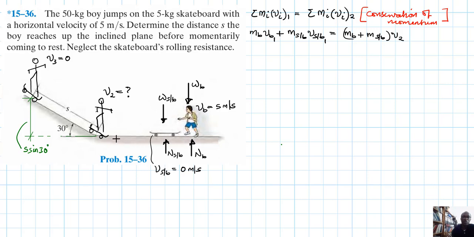Because in the second state the boy will have jumped on the skateboard, so it will be a single system. So let's replace this with numbers.